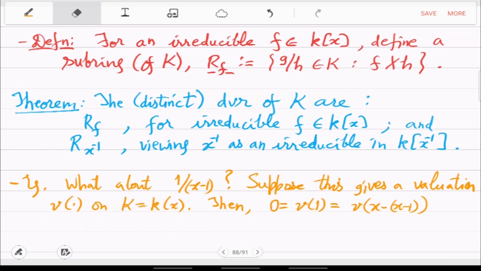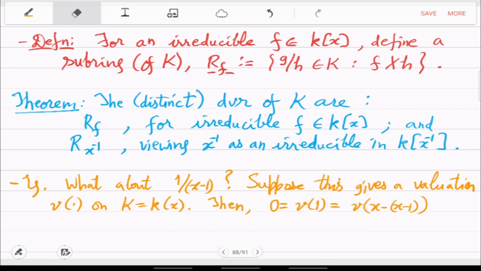What is the proof? This valuation with 1 over x minus 1 is kind of measuring the order of the 0 or pole at 1. But then the constant polynomial 0 has no 0 or pole at the point 1.